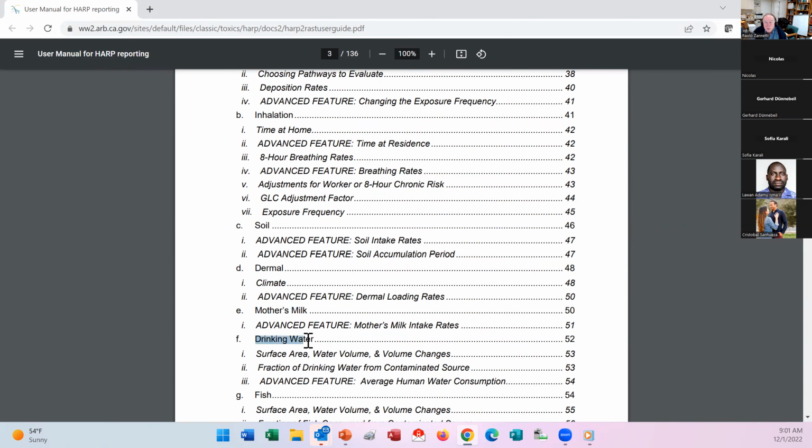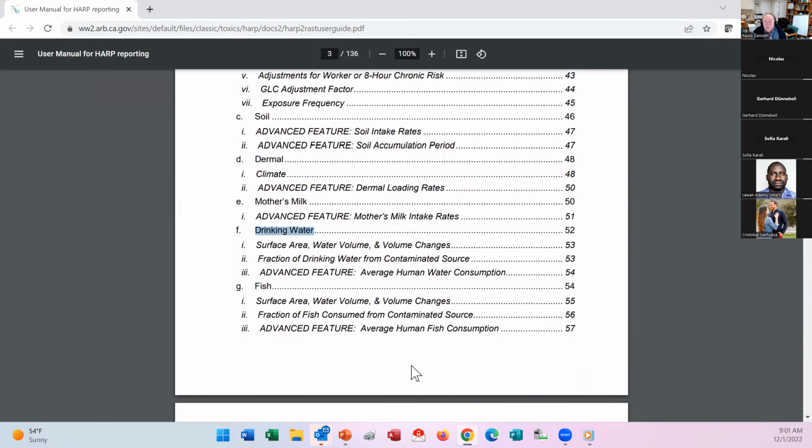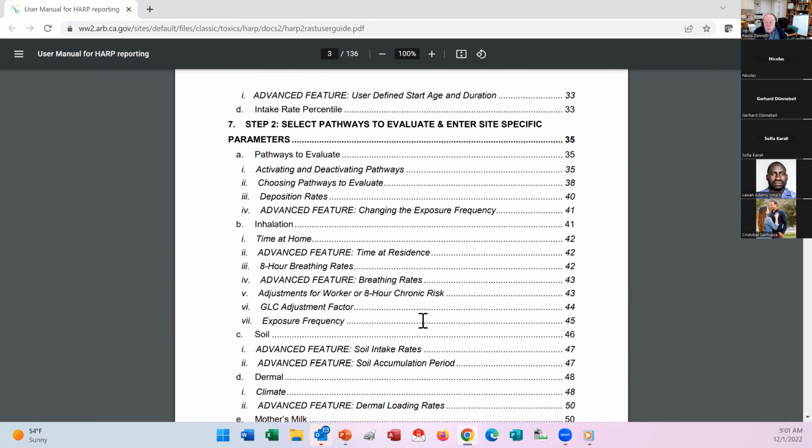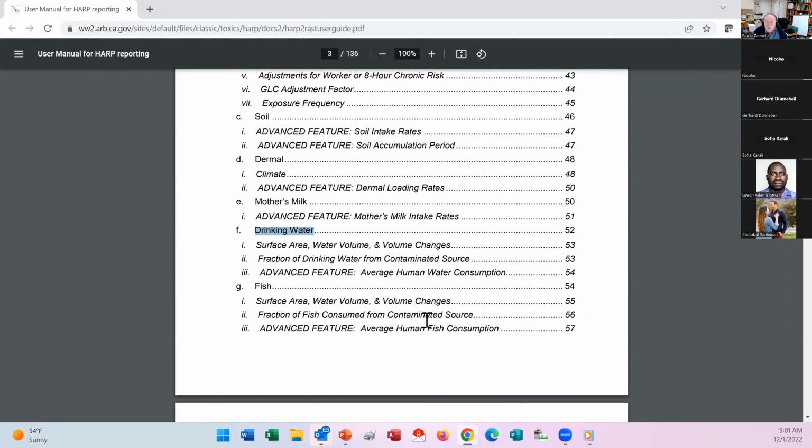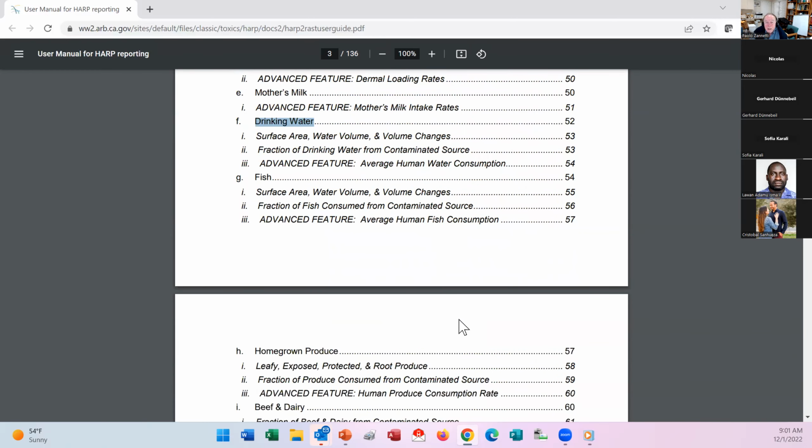Drinking water. You drink water, there may be chemicals that remain in your body. So this software is calculating not just air pollution, but all possible pathways of pollution entering your body, of chemicals being retained.